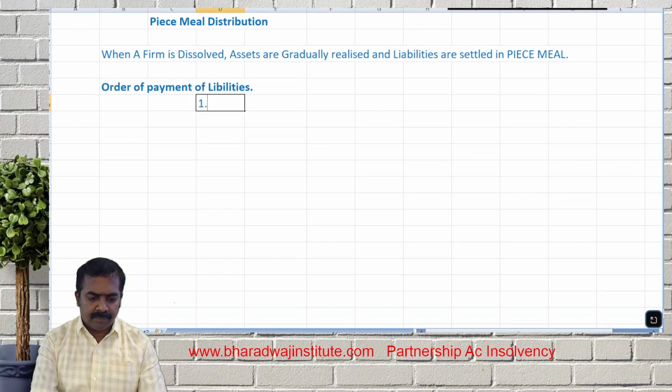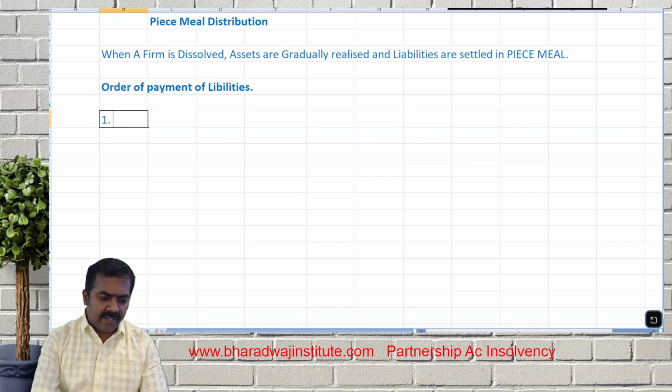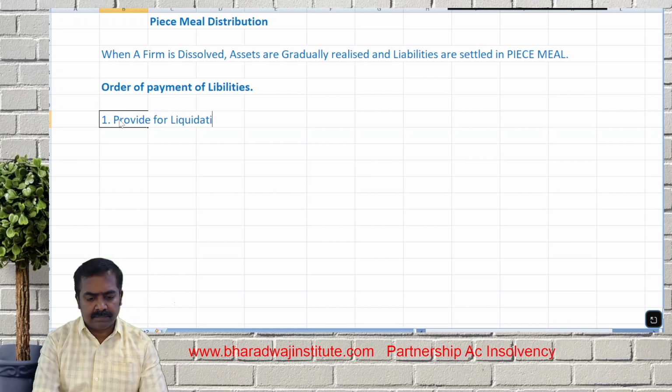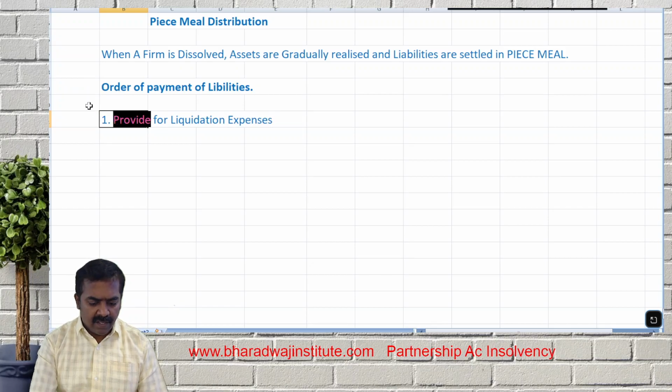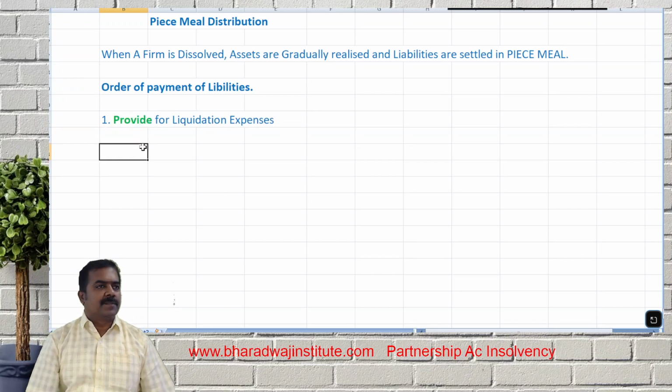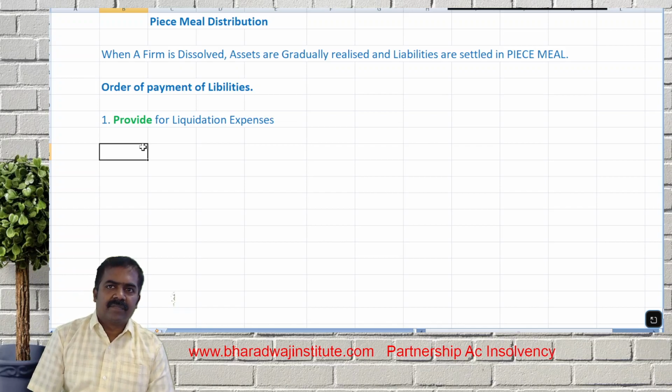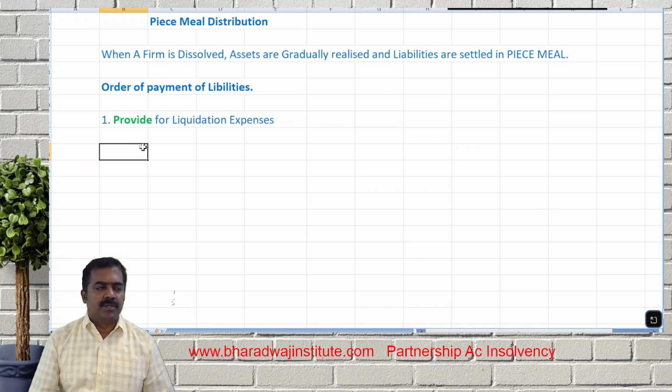Number 1. Provide for liquidation expenses. I use the word provide for because on day 1 you will know only the estimated expenses. For example, we are starting with the dissolution.